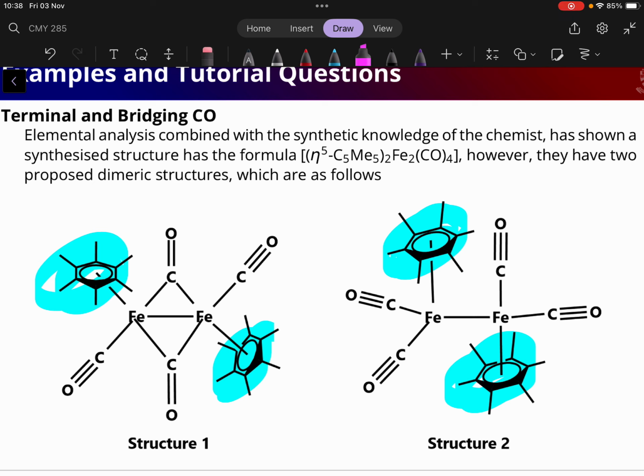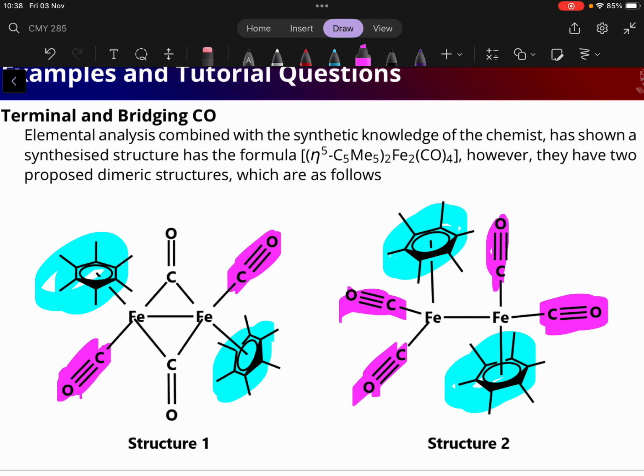The next thing is this one has 4 carbonyl or CO groups bonded to it, and this one only has 2 in a terminal fashion. Remember, terminal means it's C triple bond O, and it forms one bond to the metal center.